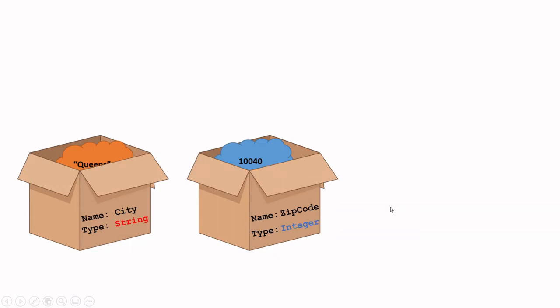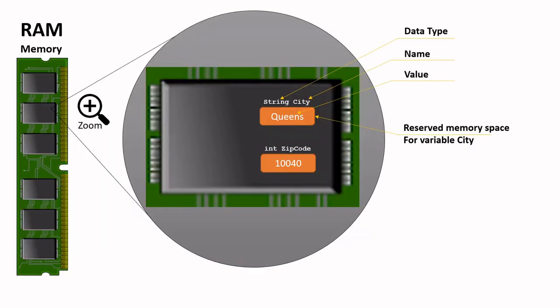So this is just the simplest way to think of variables. Now let's dig deeper and think more technically. First of all, we are saying that these variables are containers, and these containers must be placed somewhere. We should all know that these variables will be placed in memory, more specifically RAM, random access memory, and that's where these variables will be created and will reside.